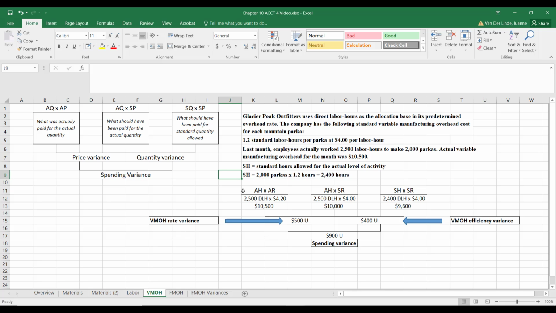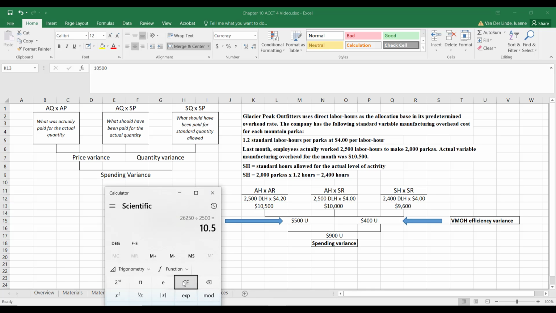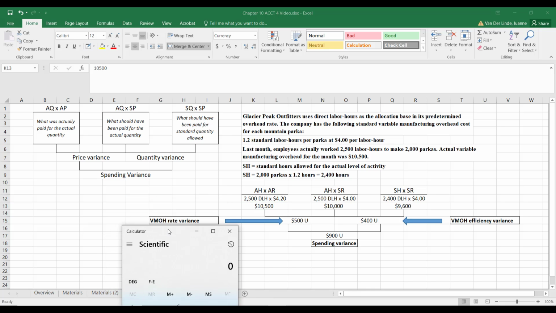So this is where we compare what was actually spent in terms of variable overhead for the period and what we should have spent. So the 10,500, once again, I'll work backwards a bit to find out on average what this company ended up spending in terms of variable overhead per direct labor hour.